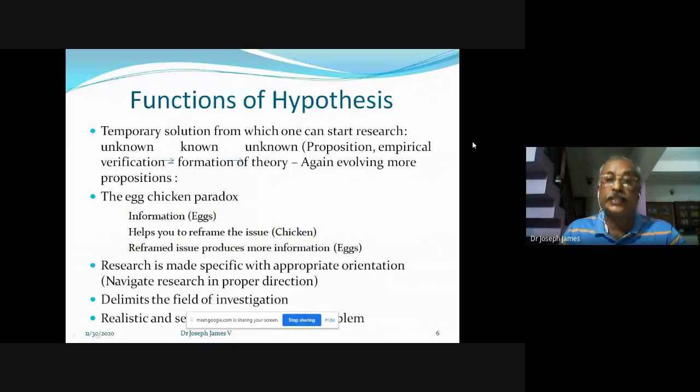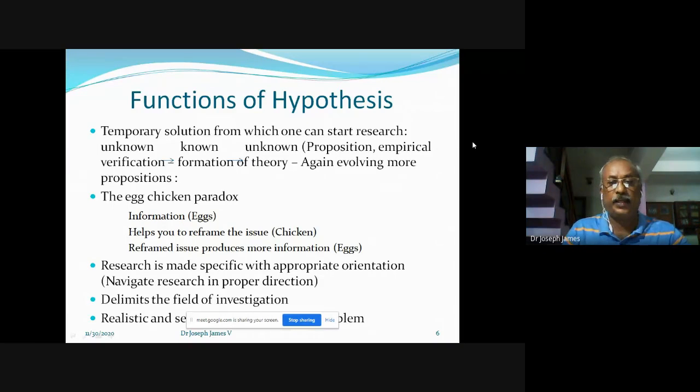Then this theory again will produce some more information, that is egg, which can be used for producing more theories. But this is actually an ongoing process, and it never ends.